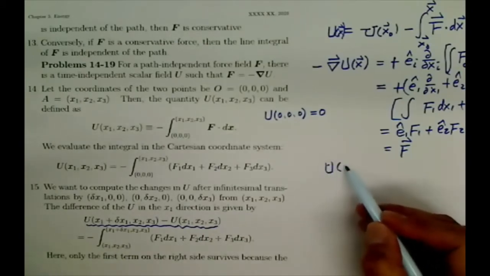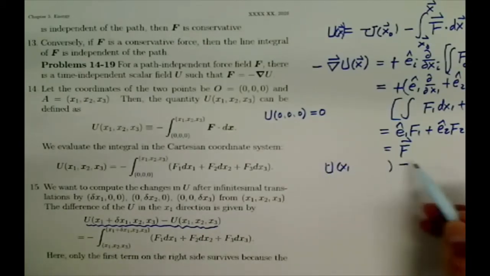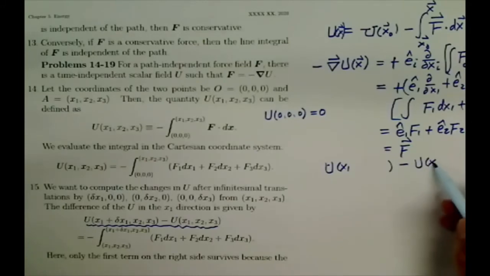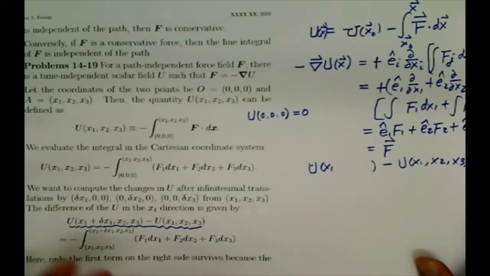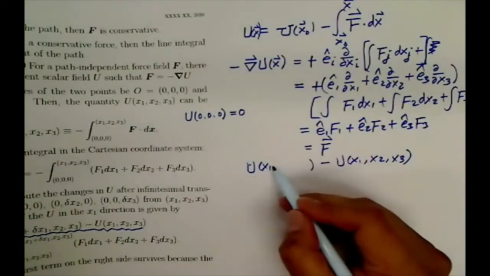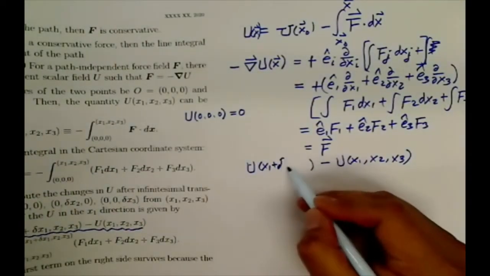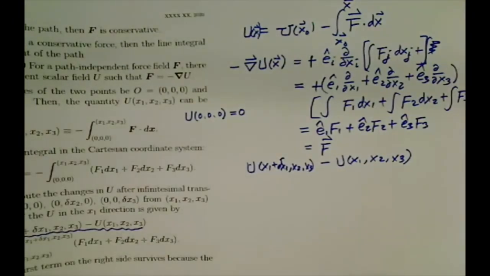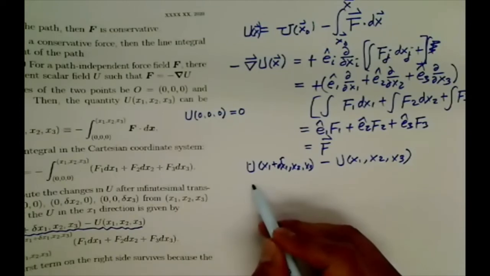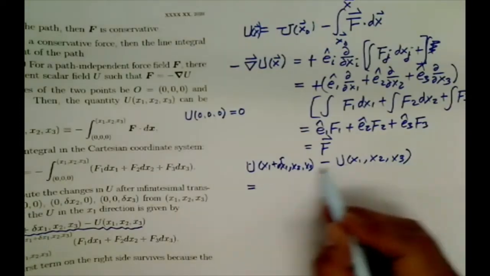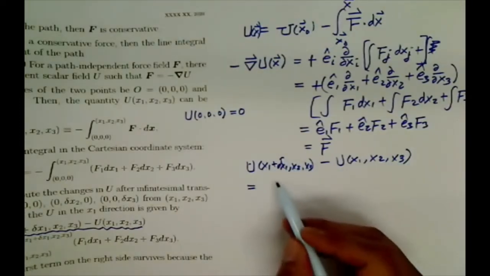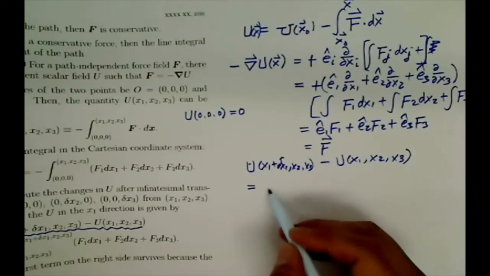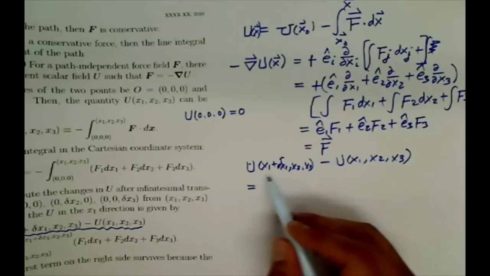Alright, the change in potential energy in here. You have x1, x2, x3, and we have delta x1 and x2, x3. And actually this is a change in the scalar field, and this one can be expanded in a Taylor series.